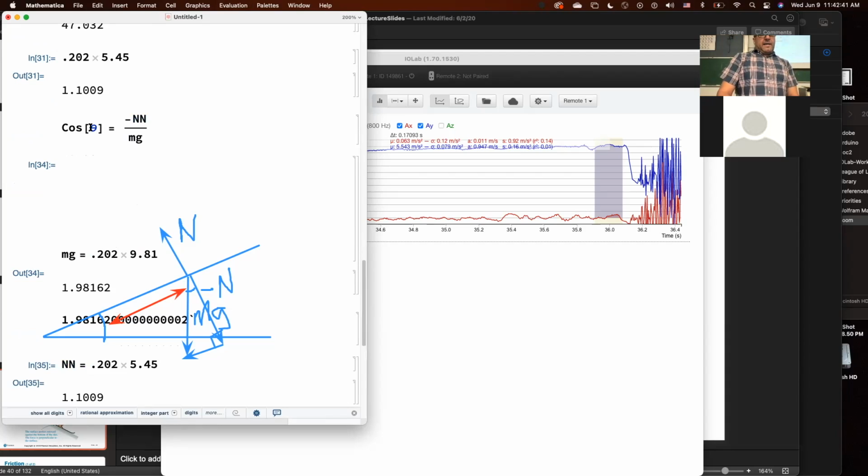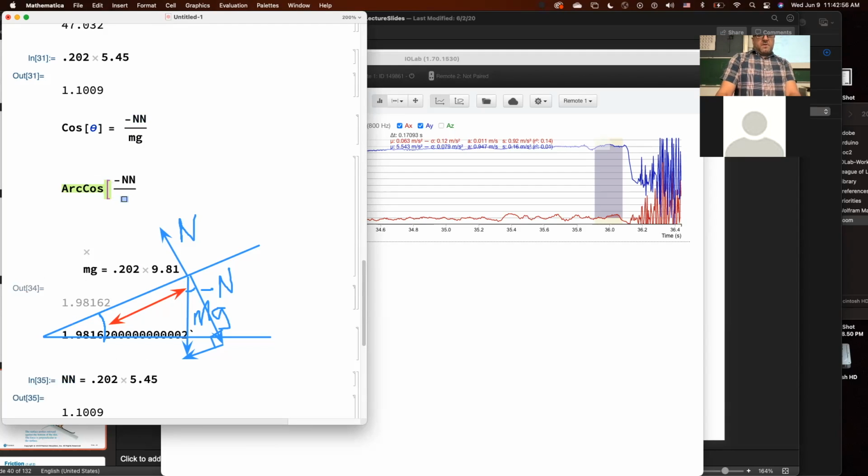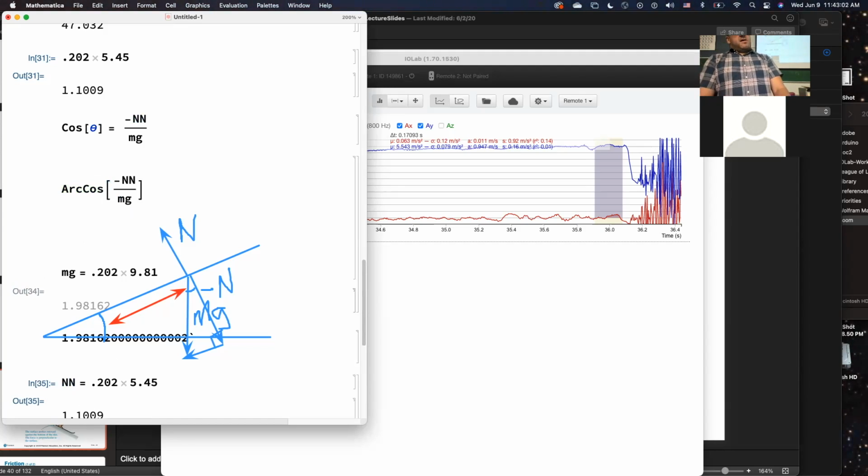And now up here, I'll say arc cosine of minus N divided by mg. And I want it in degrees, so I'll multiply it times 180 divided by pi.